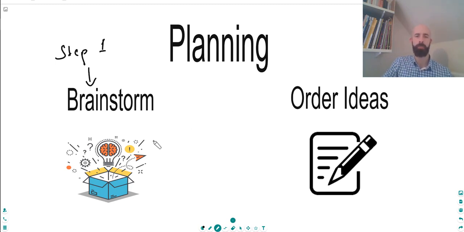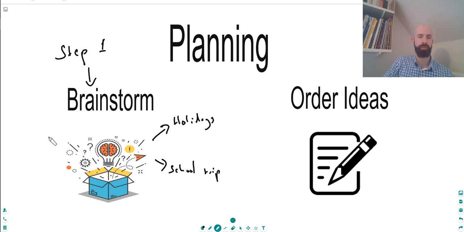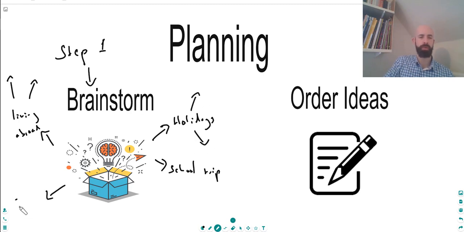You might branch off a few different things: holidays, school trip, even living abroad, and then maybe branch off these your different experiences, different points that you could mention. You might mention something like culture shock as well, or adapting, all these different things that you could talk about.